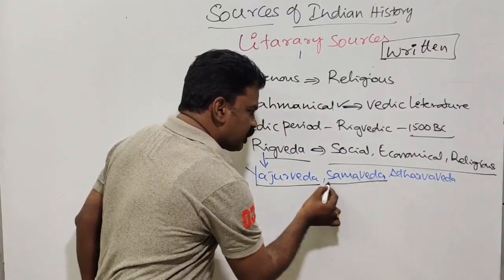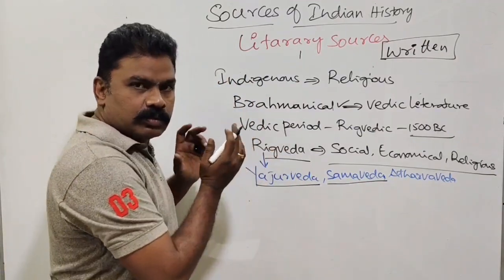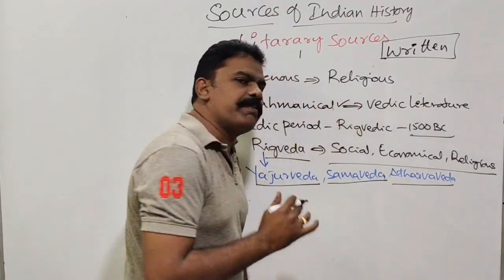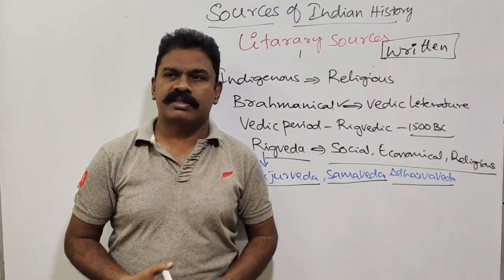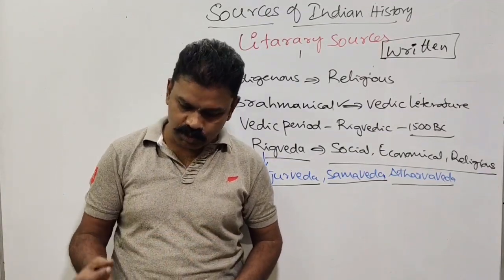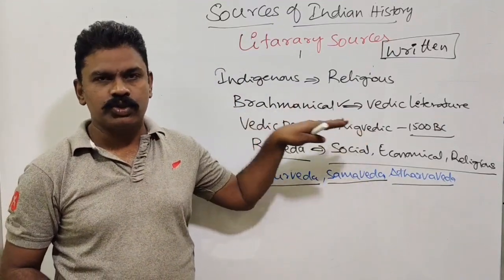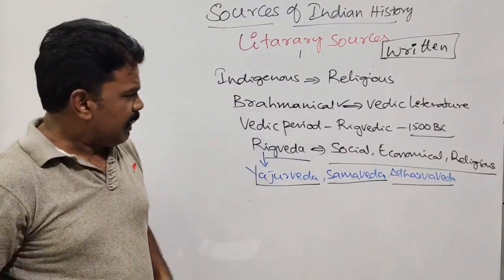Samaveda speaks about the rhythmic styles of the Rigvedic hymns. Atharvaveda speaks about magical spells, magic mantras and tantrics, how they were used. Like this, they throw some light on the social conditions and religious conditions.